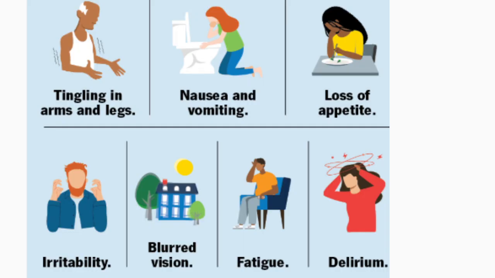They are not able to answer properly whatever we ask, and are disoriented. They are not oriented to time, place or person, and not able to think or remember. Whatever they think, they think in their own way, and they can't remember easily. This all represents delirium. These are all the clinical features of thiamine deficiency.